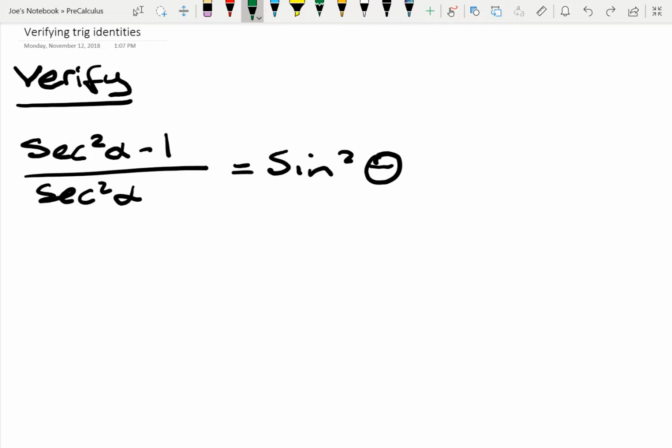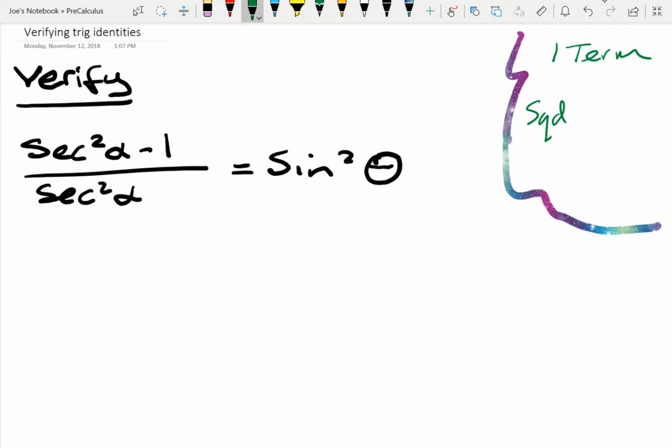The reason I see, this is me thinking over here. This is my thinking box. I see on the left, I see one term. And the other thing I see is my numerator has a squared trig function and a 1. So what I'm thinking is, remember last week, squared trig functions and ones.